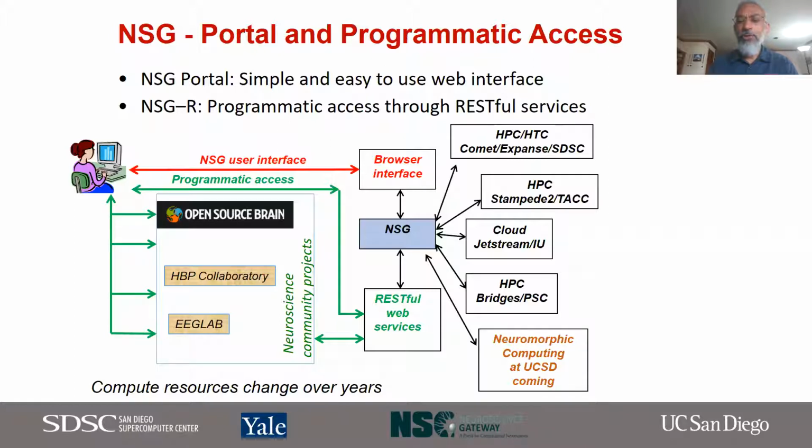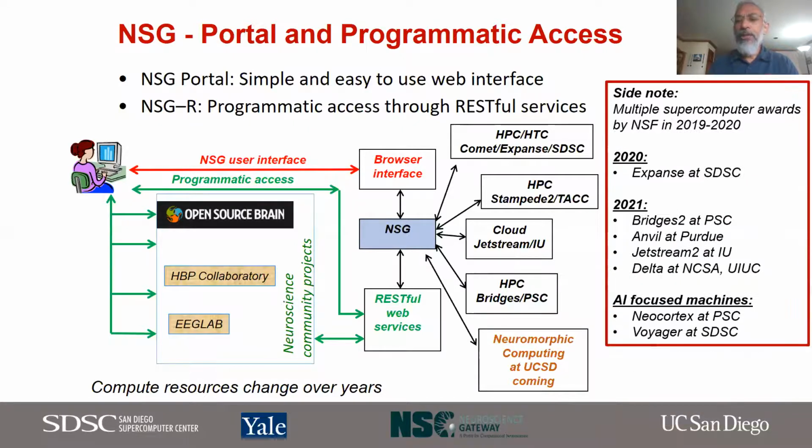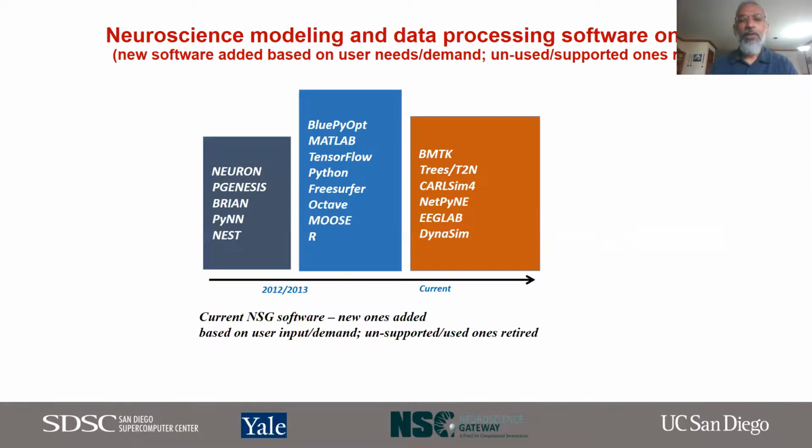A new neuromorphic computing design at UCSD will become available to NSG also. In the year of 2019 and 2020, the US National Science Foundation has funded multiple new supercomputers at various sites. Over time, we hope NSG will have access to those machines also, including machines that are focused on AI research.